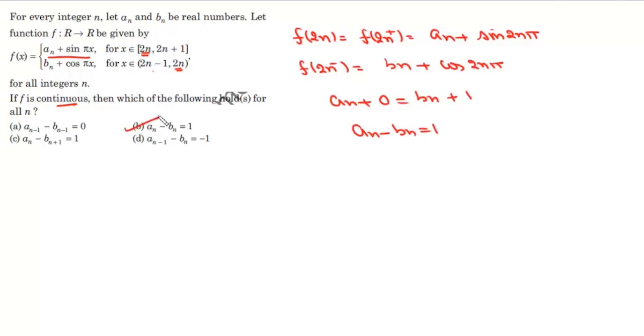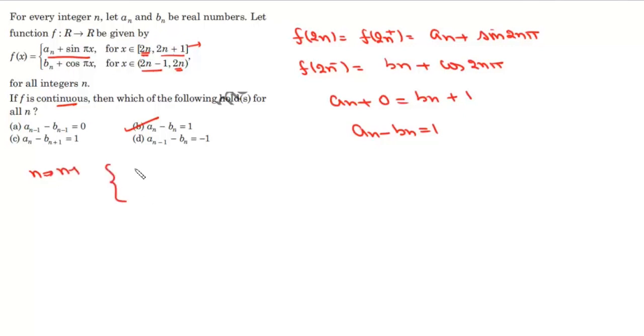Now next we have to check its continuity at odd numbers. Now the problem here is, here we have 2n minus 1 and 2n plus 1. So what we'll do is, in this first definition, we'll replace n with n minus 1.